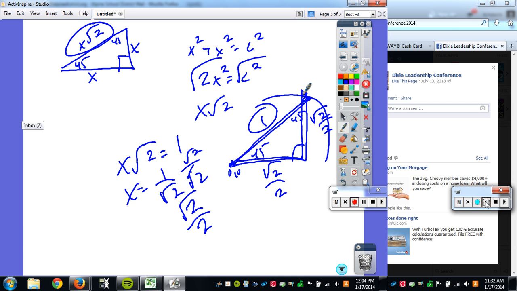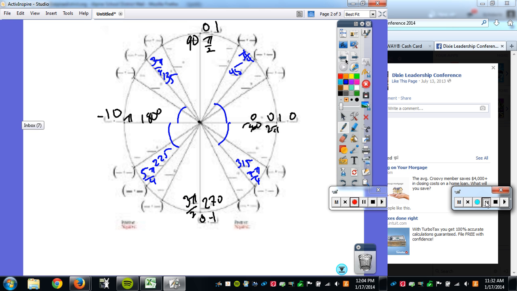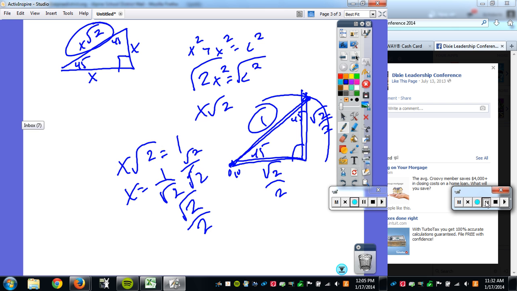So this point right here is root 2 over 2, root 2 over 2. Once again, this radius is 1, so it still follows this ratio. No matter what number you have for your radius, hypotenuse or side, it's always going to have that ratio. That's why it's a special triangle.